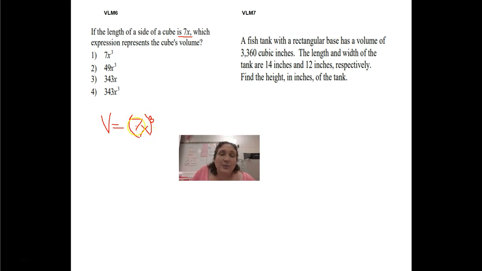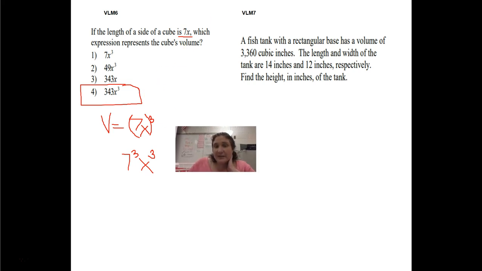So you actually have to put the 7x in parentheses. So this is really saying 7 cubed times x cubed. So your answer will be choice 4. Because 7 times 7 is 49, times 7 again will give you 343. And then you have the x cubed.